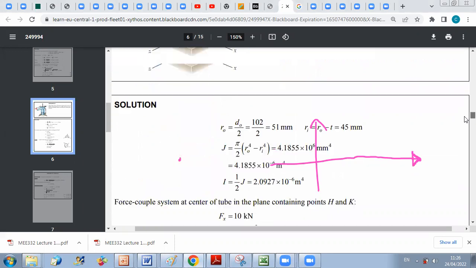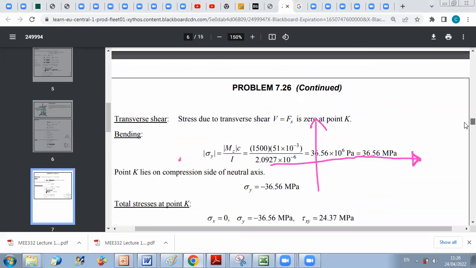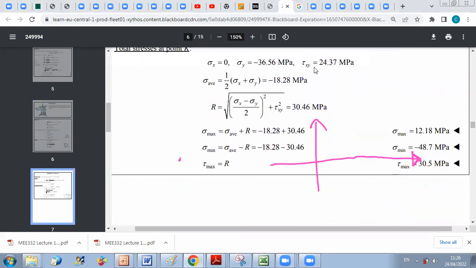If I go back to this formula here, I have sigma average is 0. So I replace sigma x and sigma y by 0. I get then that the radius R is just equal to tau xy.